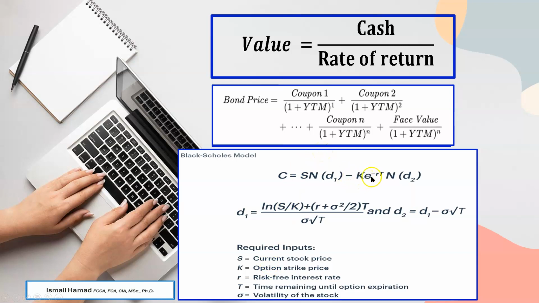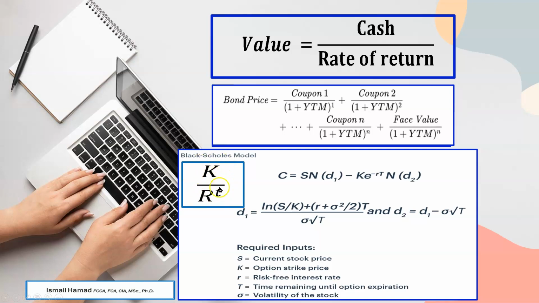So K to the power of minus R. We know from algebra, if there is any figure raised to the power of a minus figure, we need to change the minus into positive by taking the R down to the K. So the equation will be like this. It is K divided by R to the power of 2. R to the power of 2 without negative, because we now brought it down as denominator.